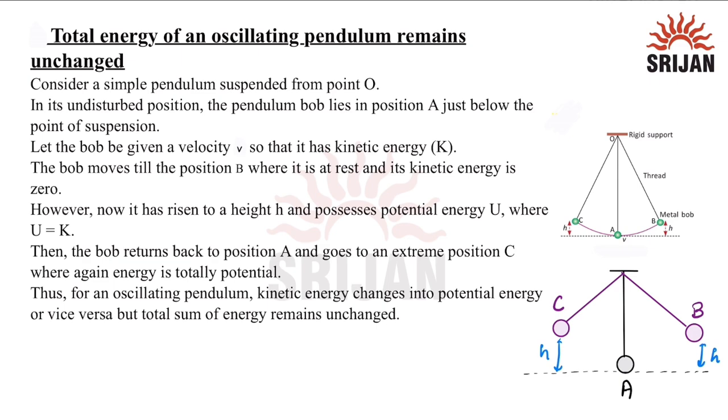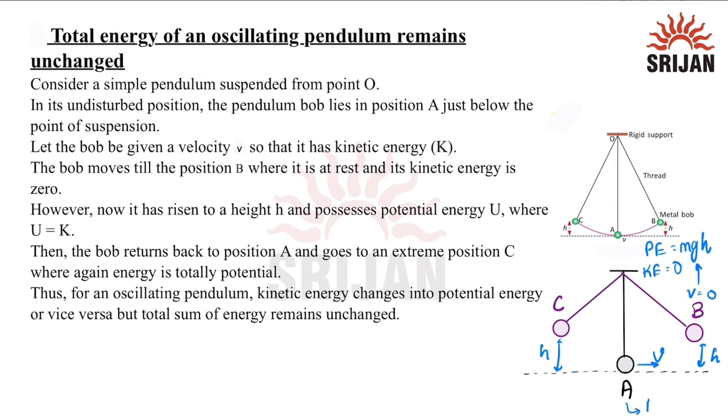Now, as you can see at position A, if I give this ball velocity v in this particular direction, it will go up in a fashion like this. This bob will go like this. At this particular height, the velocity at B would be 0, which means that at position B, potential energy is mgh and kinetic energy is 0.